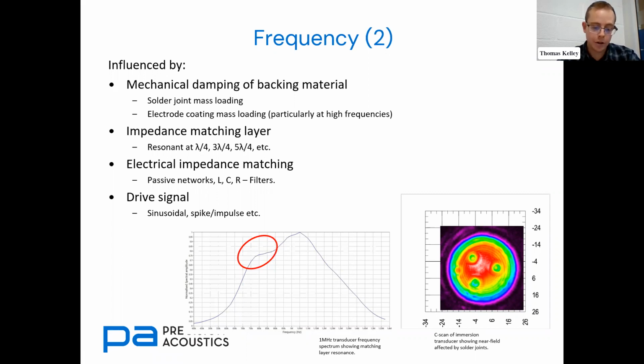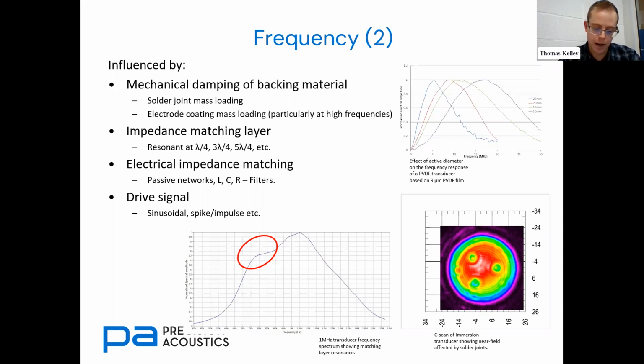Similarly, the electrical properties of a transducer can affect the frequency. Electrical impedance and matching networks can be used to promote or discard particular frequencies. And we'll come on to that a little bit more later as well. In the case of piezopolymer transducers, the piezo element is very affected by an inherent capacitance, which is a function of surface area, and can lead to the frequency being affected by the transducer's size very greatly.